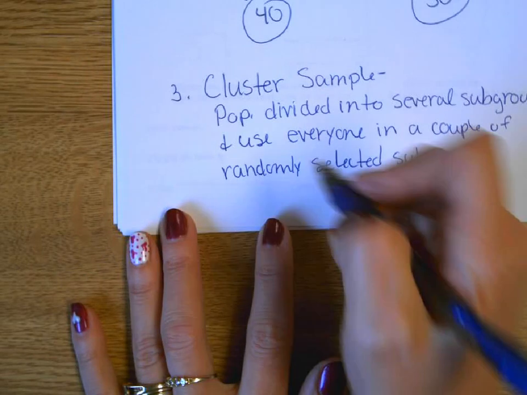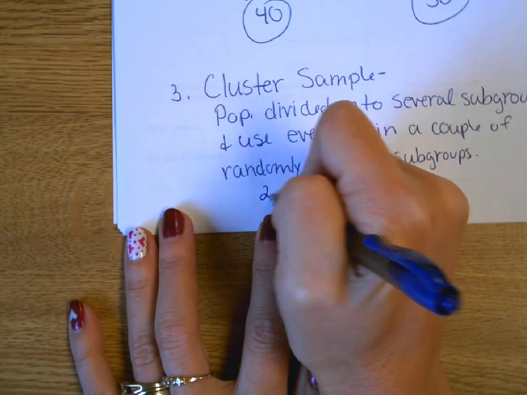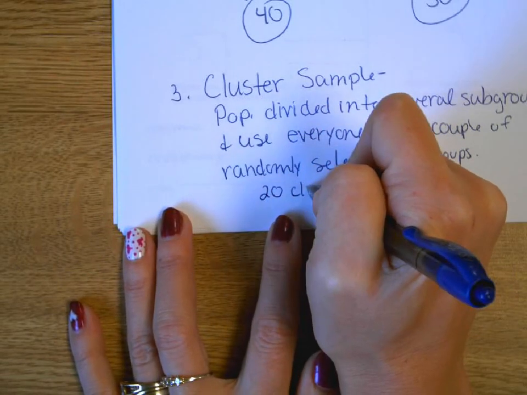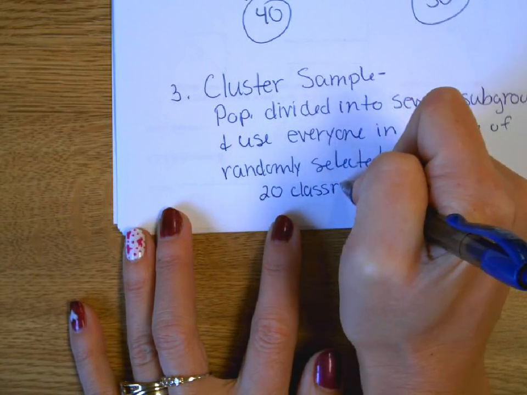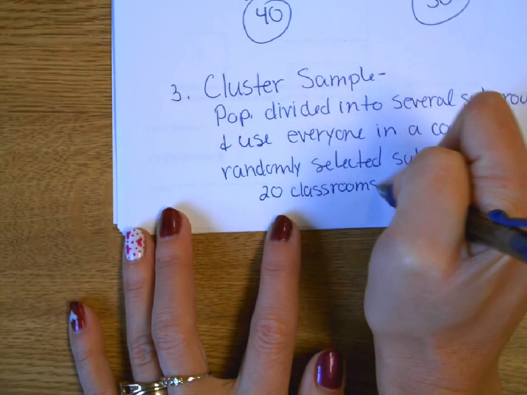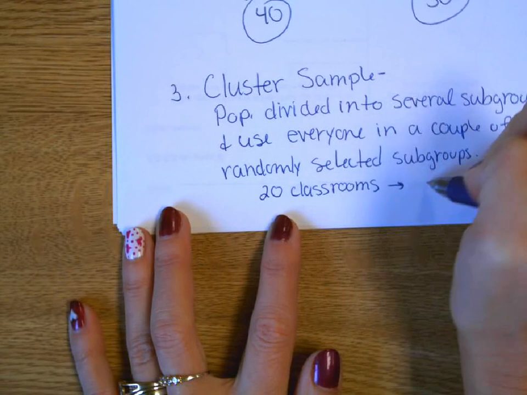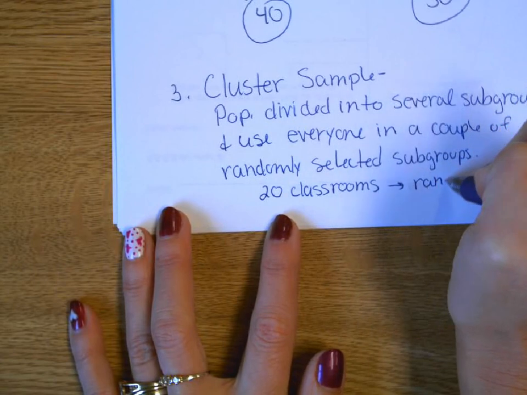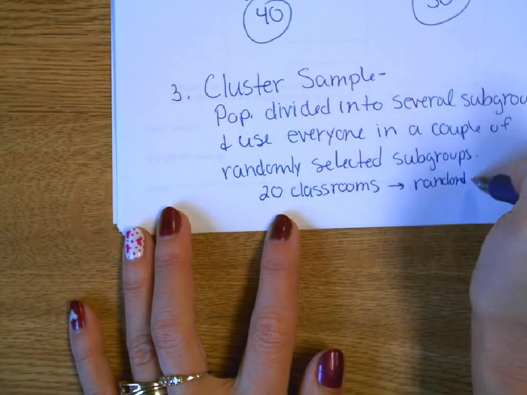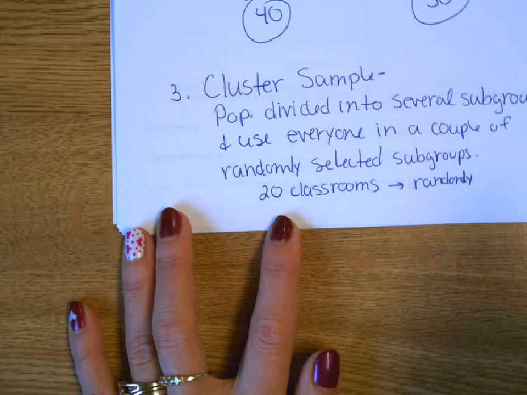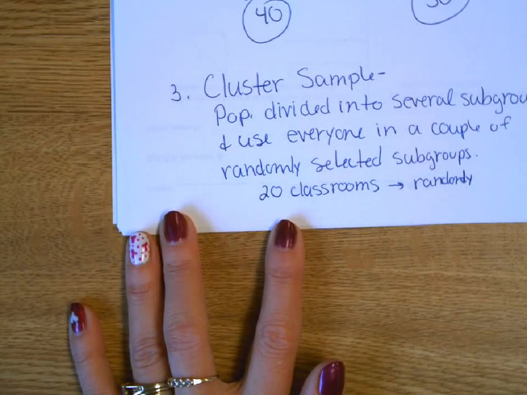So let's use that as our example. Let's use the 20 classrooms as my subgroups. Then I'm going to randomly select 3. You would number them 1 through 20, and I'd use my random number generator to give me 3 random numbers between 1 and 20. Yeah, that's not random.